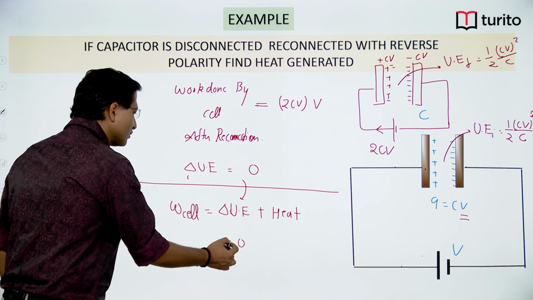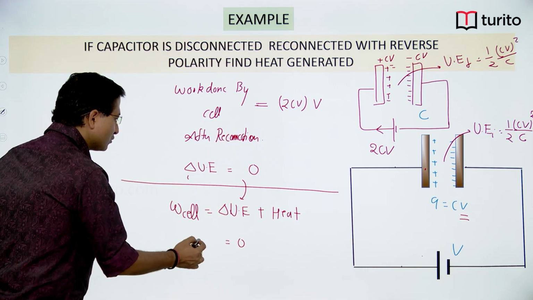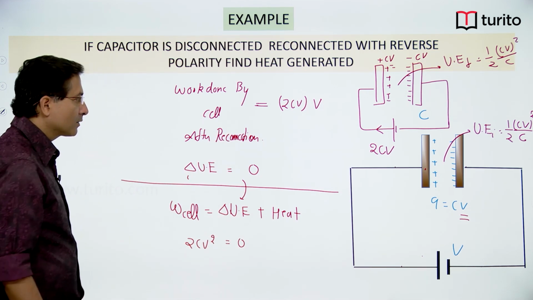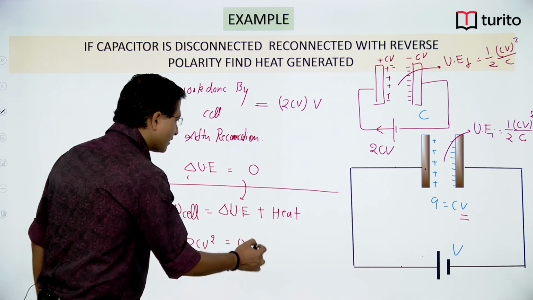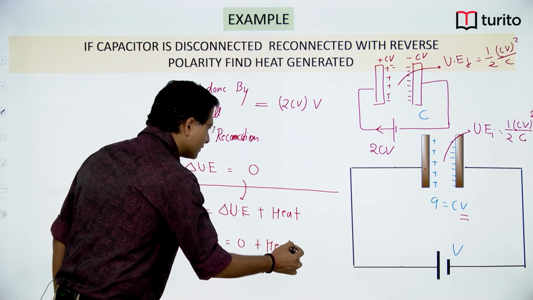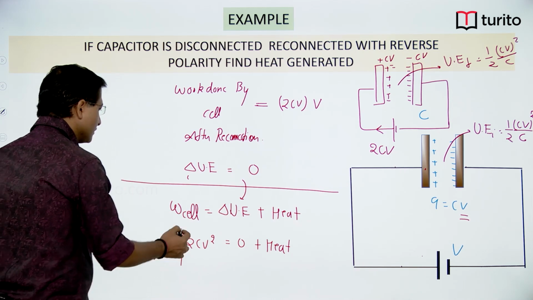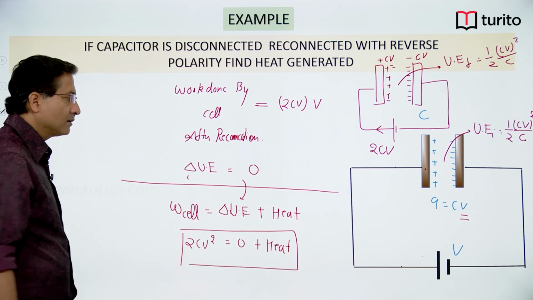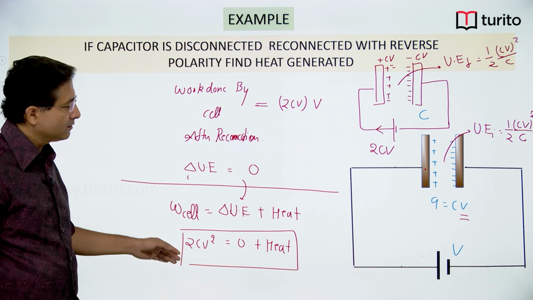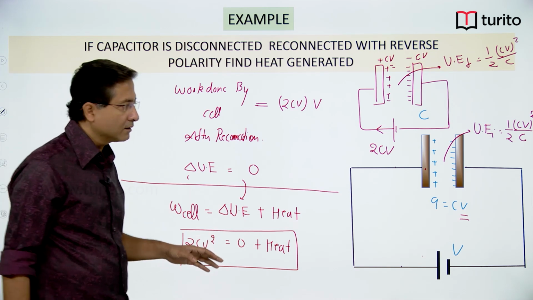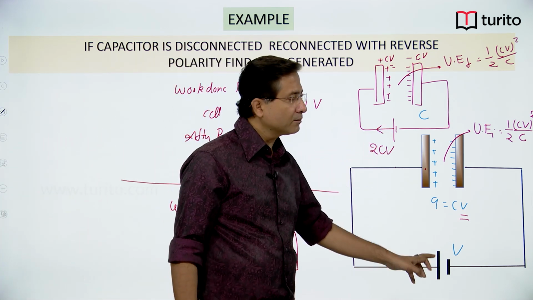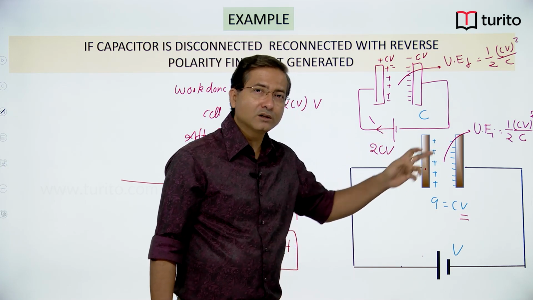So, here I will write 0 and work done by the cell is 2 CV square. That means this much amount of heat will be generated after reconnection, right. The whole work done by the cell will completely go in the form of heat.